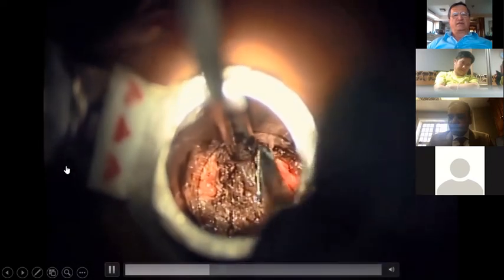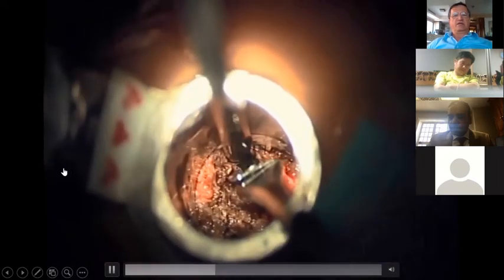After identifying the nerve root, some retraction of the nerve root and incision of the lateral part of the disc.